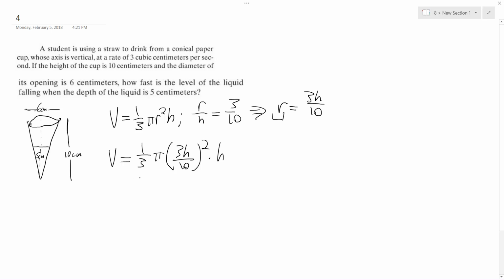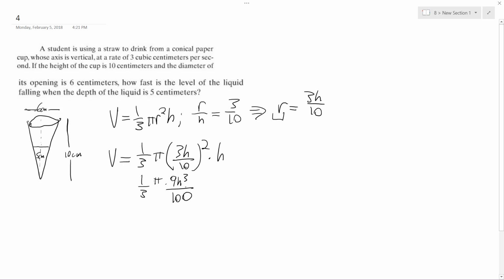If we want, we can multiply this out. So 1/3 pi times 9h squared. Actually, take that back. 9h cubed, because we add in that h, over 100.